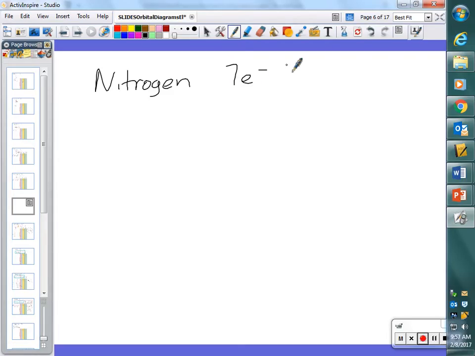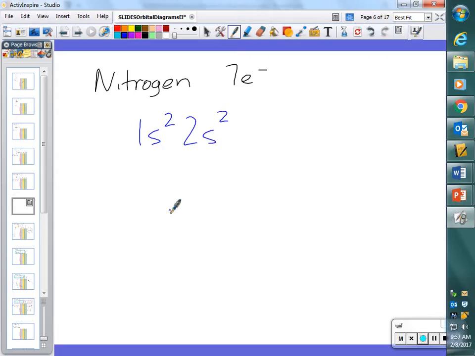The Aufbau principle still holds, right? So what's the first orbital that gets filled up? 1s is always the first orbital. So if we're going to write an electron configuration for nitrogen, it's always going to start with 1s, right? How many electrons in that 1s orbital? 2. Okay. Next orbital that gets filled up? 2s. So 2s2, because it can hold that, right?